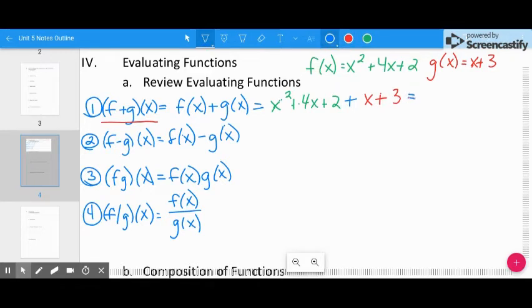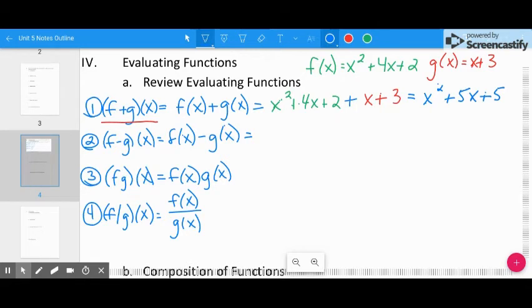And then from here, adding and subtracting are just combining like terms. So final answer should be x squared plus 5x plus 5. Okay? So maybe you want to pause the video and try the next one because we're just changing it to subtraction. If not, here we go.